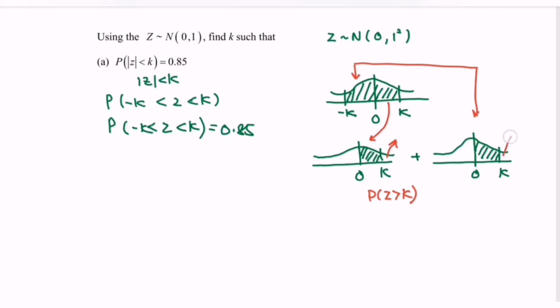So meaning that we are going to eliminate the parts on the right hand side where we have the probability that Z is greater than K. So rewrite the situation.